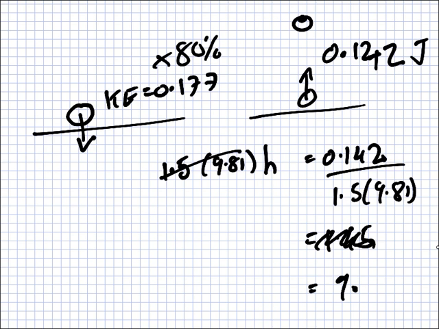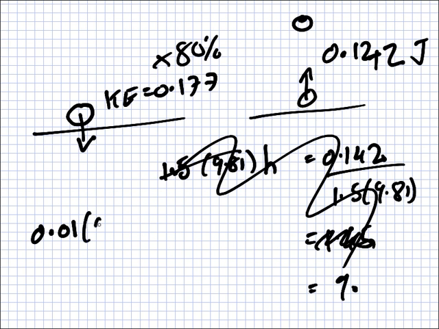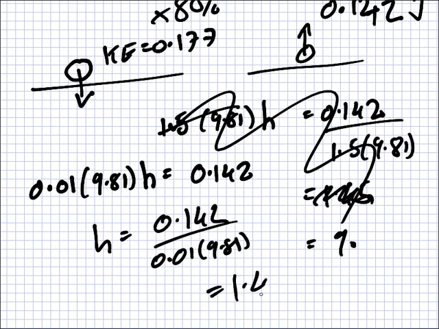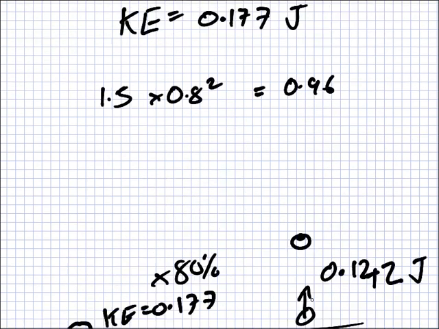The mass is 0.01, isn't it? I'm so sorry. It's 0.01. So 9.8 h equals 0.142, and h is 1.45. Yeah, that's what Ben said. 1.45 meters. Okay, so my guess was wrong.